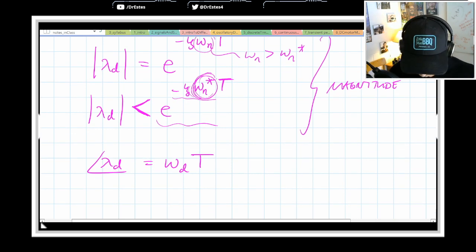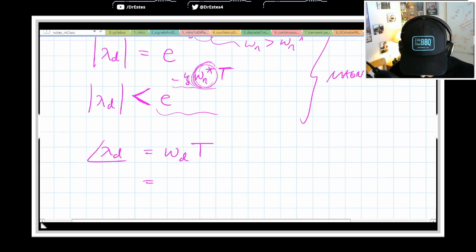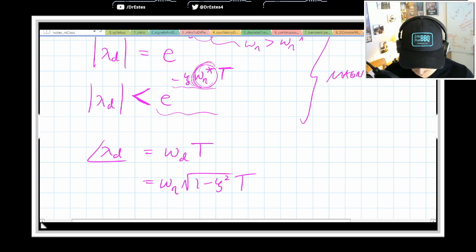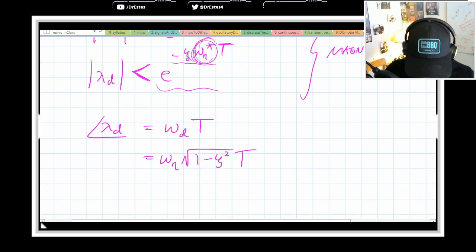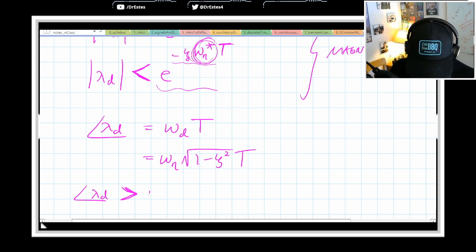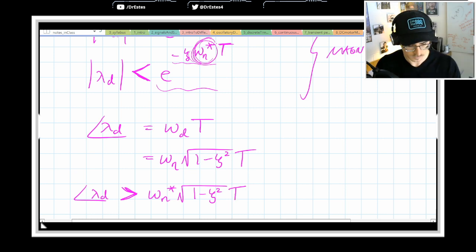Okay, let's write this in terms of natural frequency and damping ratio. And this is going to result in a constraint where the phase has to be greater than this. So let's explain this.